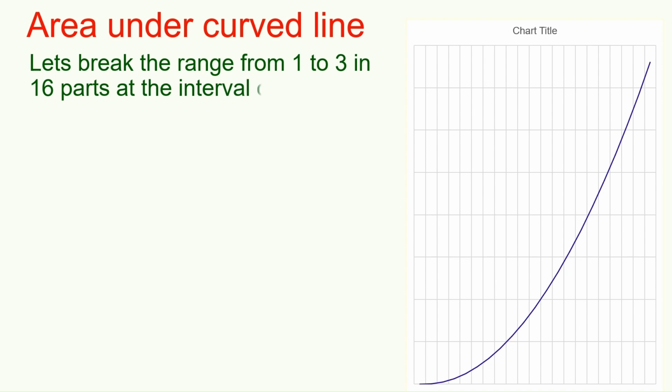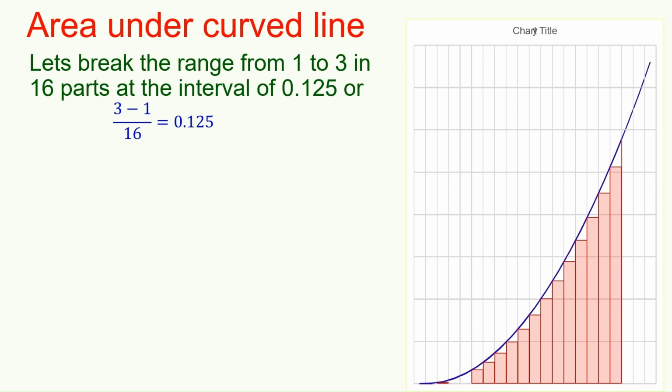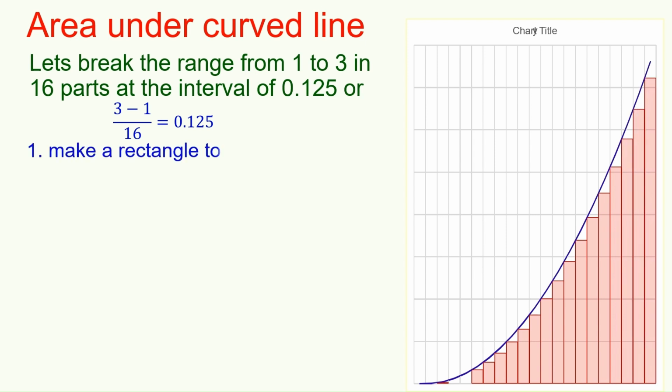Let's break the range from 1 to 3 in 16 parts at the interval of 0.25, or 3 minus 1 divided by 16 is equal to 0.125. Number 1.